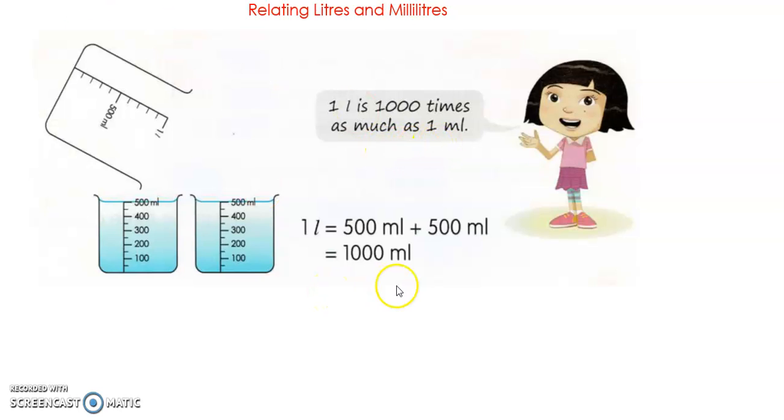And in other words, I can say 1000 milliliters equals 1 liter. So here 500 milliliters, here 500 milliliters, and if I pour these two beakers back into this big one, I would have 1 liter. In short, I can say 1 liter equals 1000 milliliters.